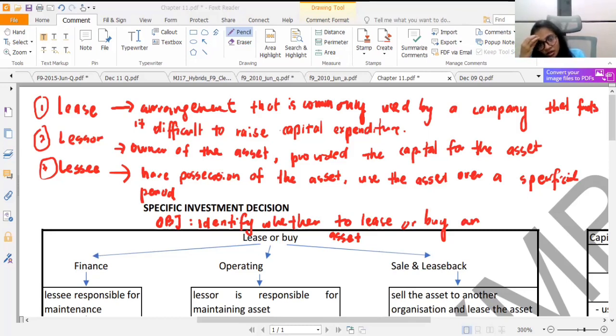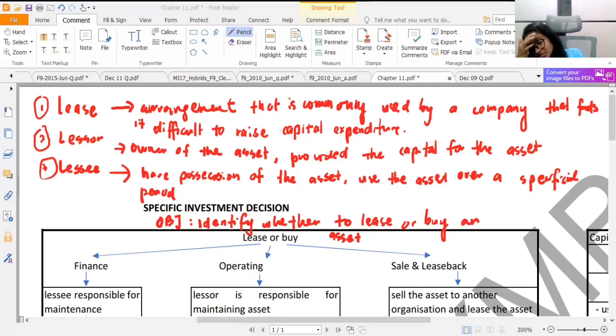The reason why they do it is because instead of using the large amount of money to purchase an asset, they will use that money for a more attractive investment that will generate a higher return. That's number one.